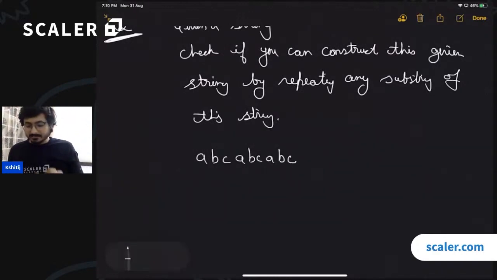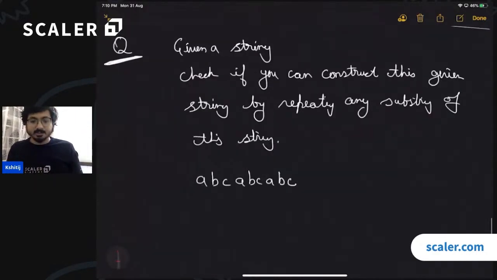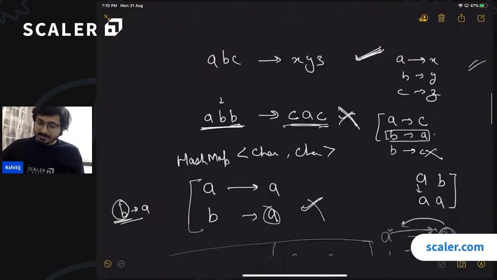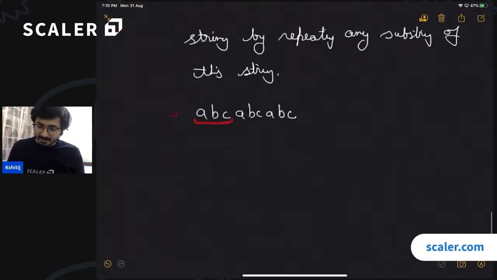Okay. Now, if this is the string, first try to understand the problem. The problem says that you are given a string. You have to check whether you can construct this given string just by repeating any substring of this string any number of times. For example, in this case, ABC is a repeating substring, right? So what you can do is pick ABC and repeat it 3 times, and then you get this complete string.